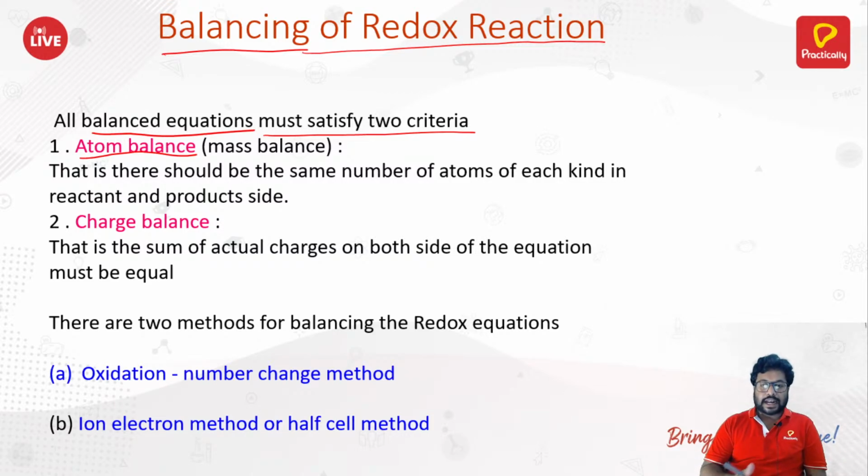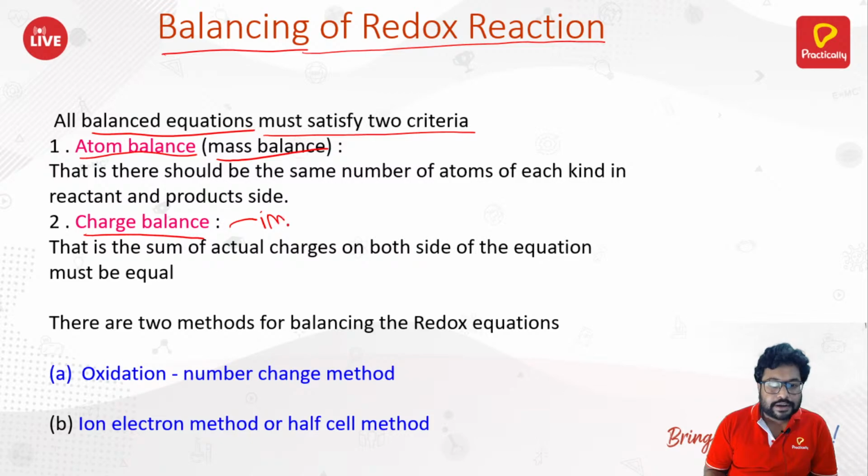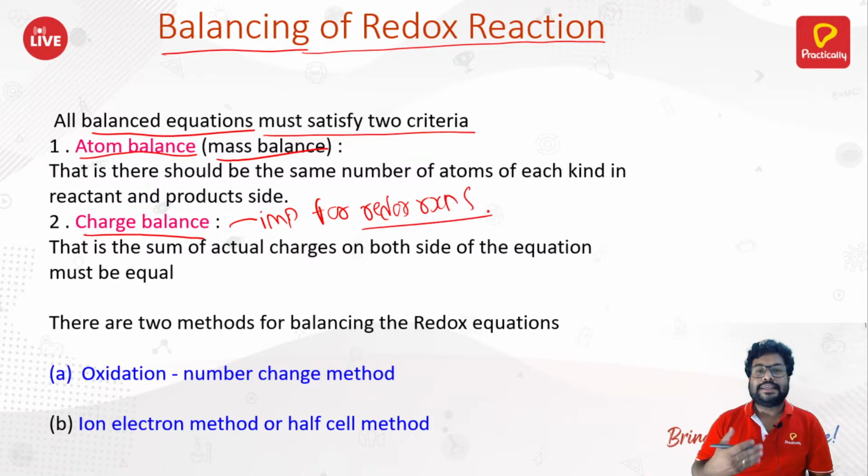So the very first criterion for any reaction, be it a redox or any other reaction, to get balanced is that the atoms should be balanced. The mass should be balanced. There should be the same number of atoms of each kind on the reactant and product side, obviously. Next is charge balance. For redox reactions, it is important to balance the charge.